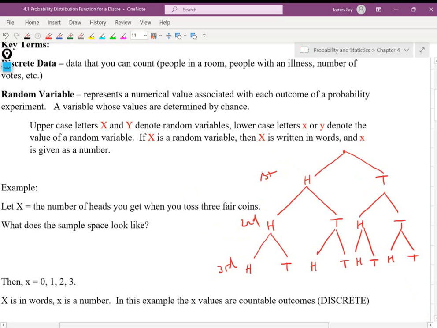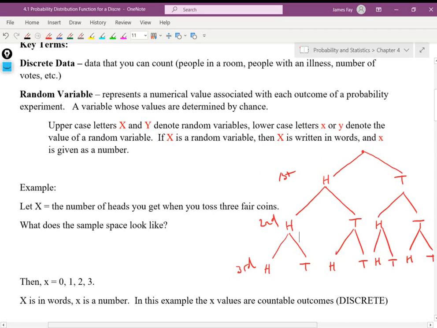So when I talk about my outcomes, my sample space, it's heads, heads, heads. That would be one configuration of results. I could have heads, heads, tails. We can go heads, tails, heads. Or heads, tails, tails. Okay, so that's going down this branch to that one, and then finally those two.